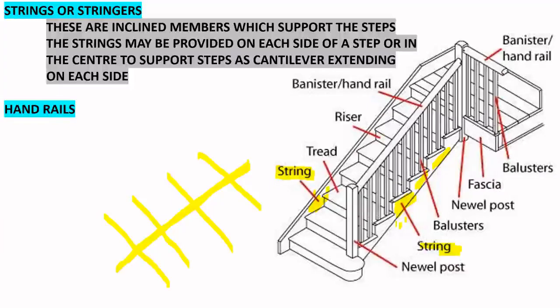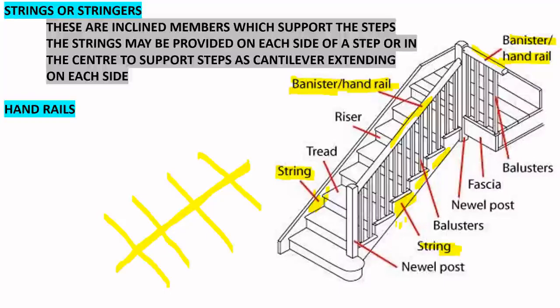Now handrails. It is also known as banister. You can see this is the handrail. When you move up and down the stairs, the handrails help us as a support. It gives us protection. It safeguards us.